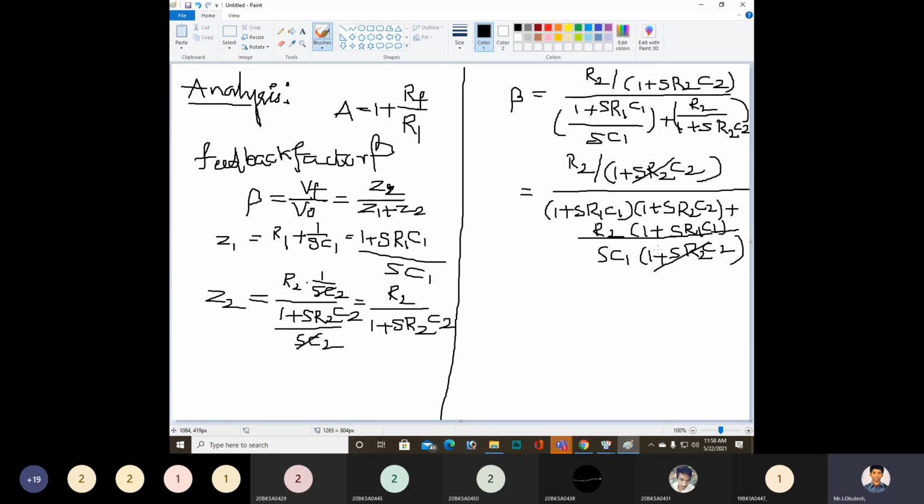Sorry, we don't have that other term; only SC1 we are getting. R2 into SC1 we are getting here. So this is the expression. Then you need to simplify.